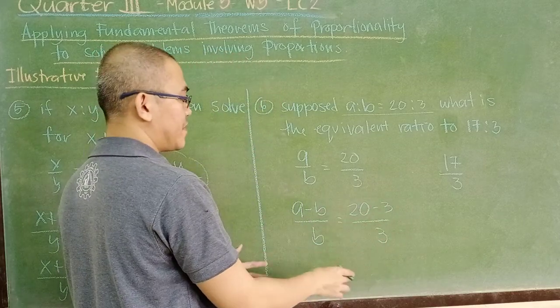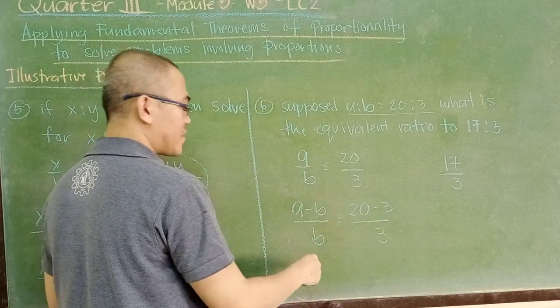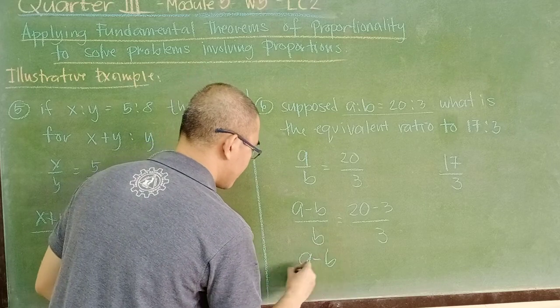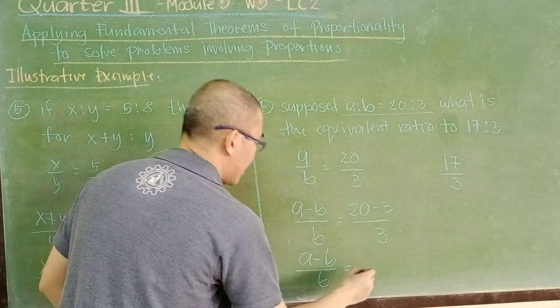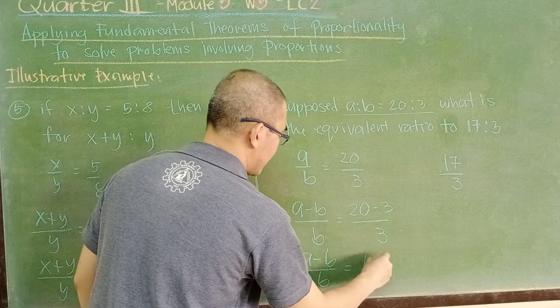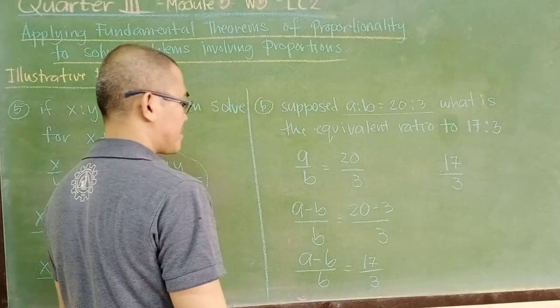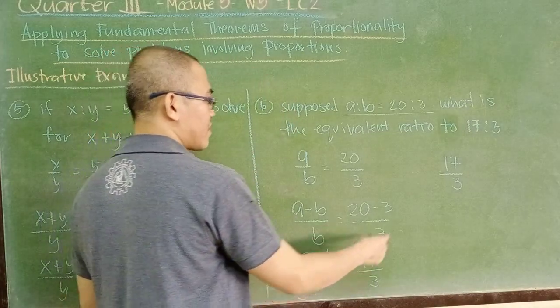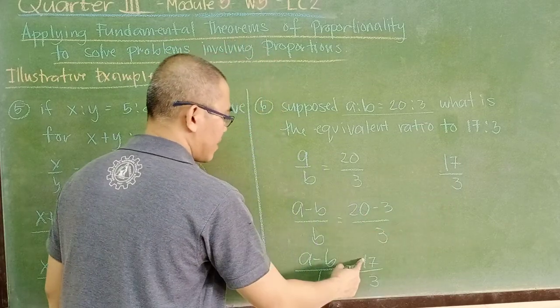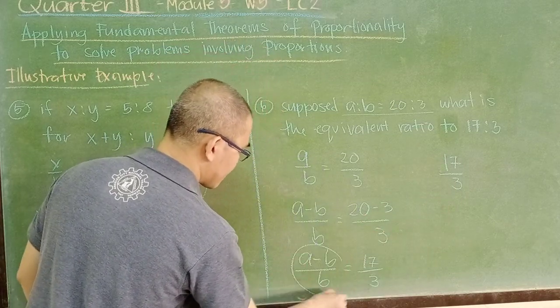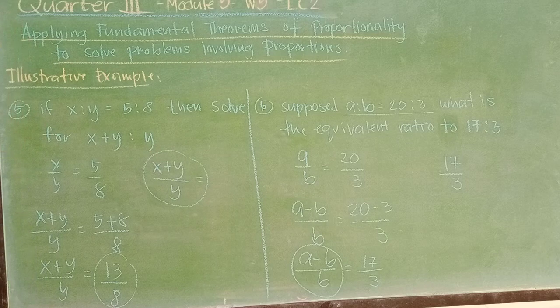And then, you simplify. We copy what is on the left side. And then 20 minus 3, which is 17 over 3. So the equivalent ratio of 17 over 3 is a minus b over b.